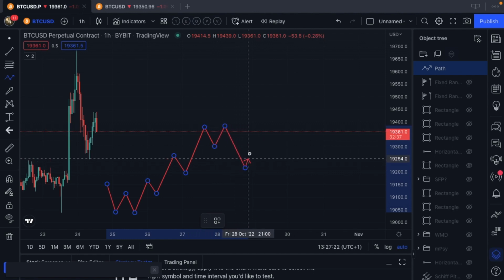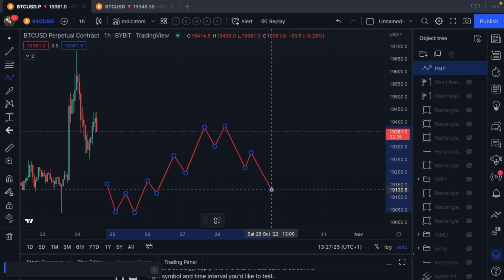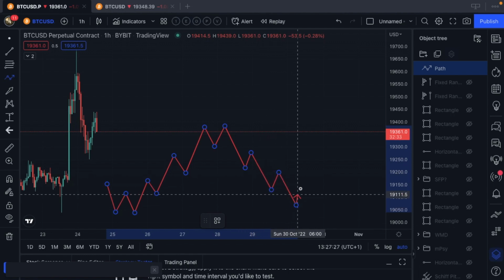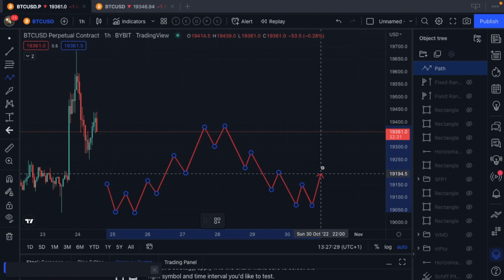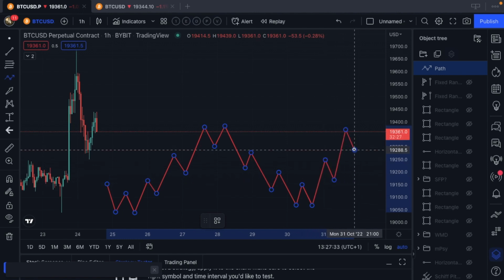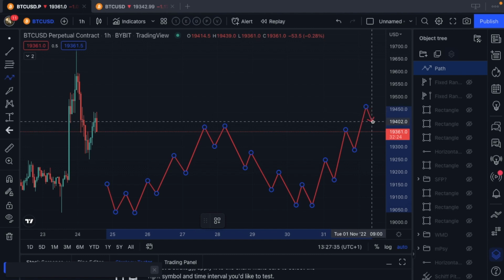Then you go one level down, two levels down, three levels down to repeat the process: peak formation, first level, second level, third level, peak formation.